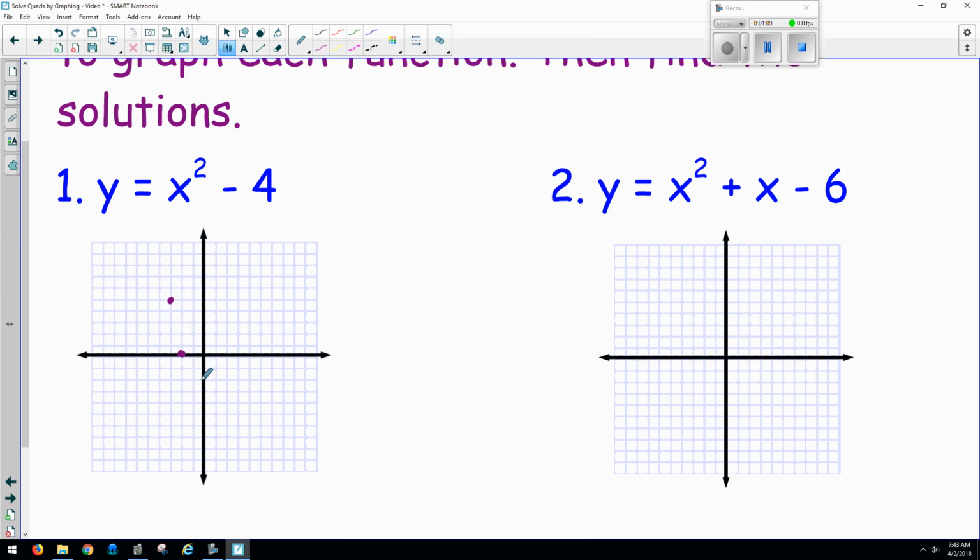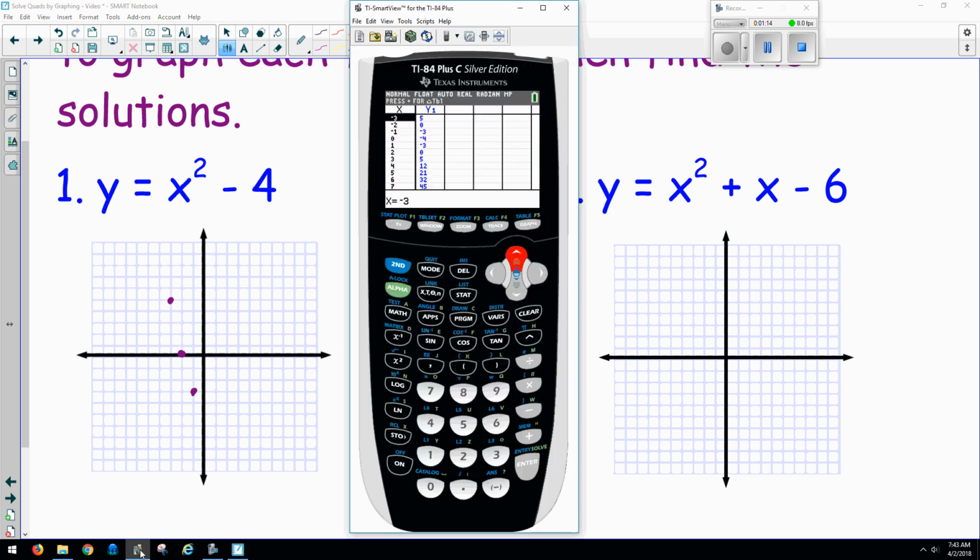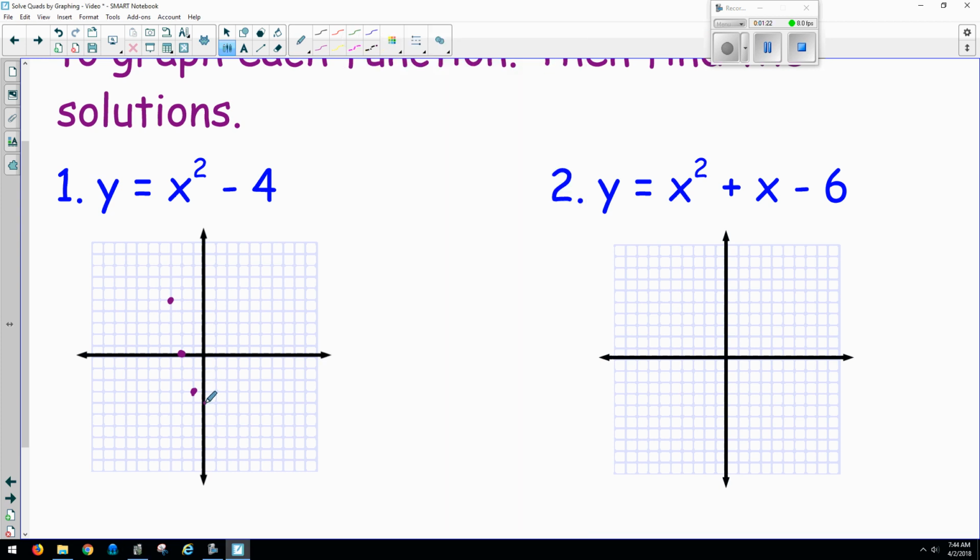Negative 1, negative 3. And we'll see this sort of symmetry happen with these ordered pairs here. 0, negative 4, 1, negative 3. And we can sort of graph the rest of this.